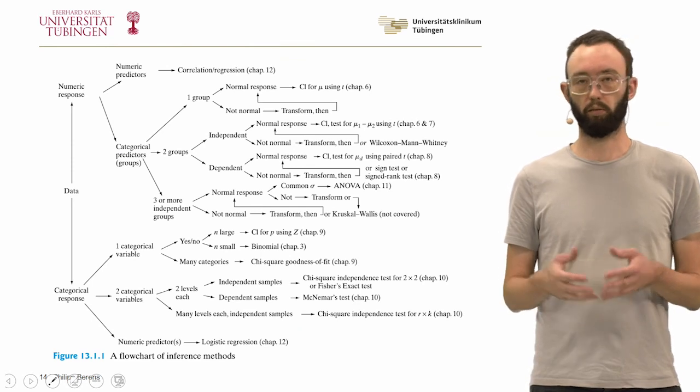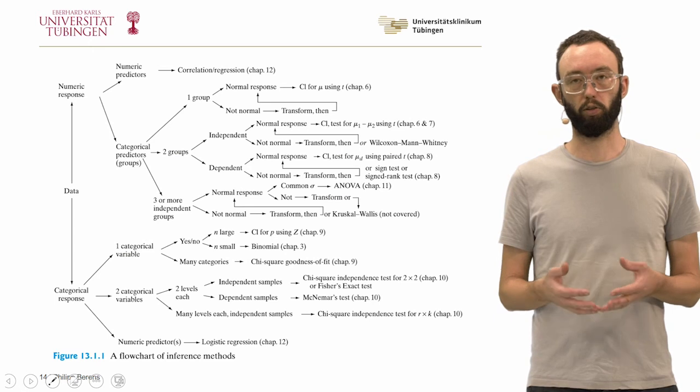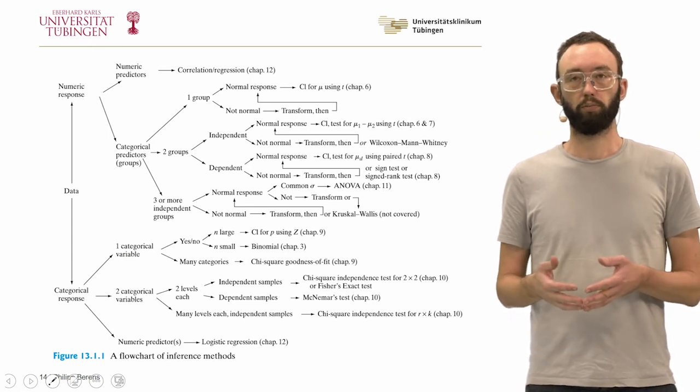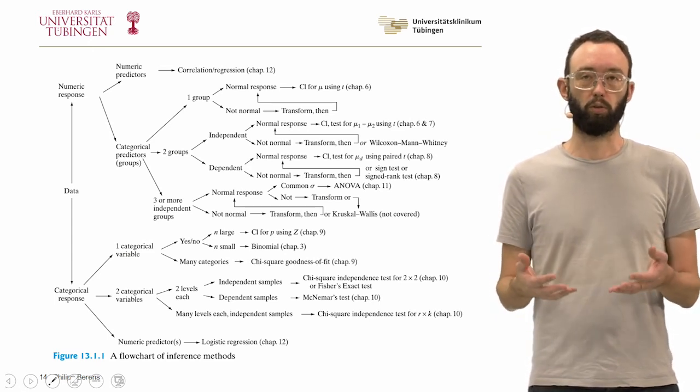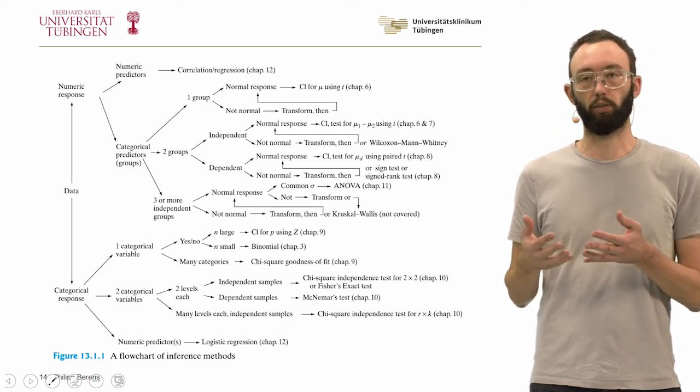And if you indeed are in a situation where none of the boxes that we covered fit, that you are able to go to the internet or go to an advanced statistics book and search for a good solution that actually covers your needs.